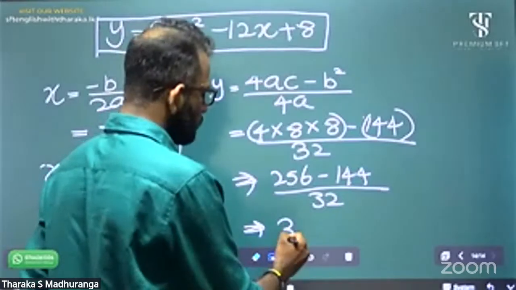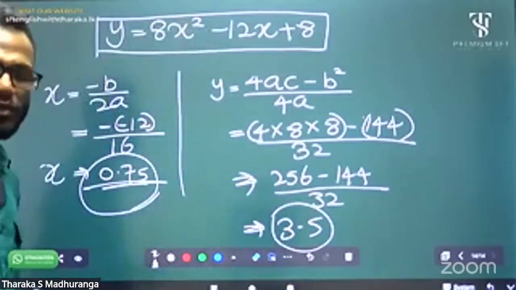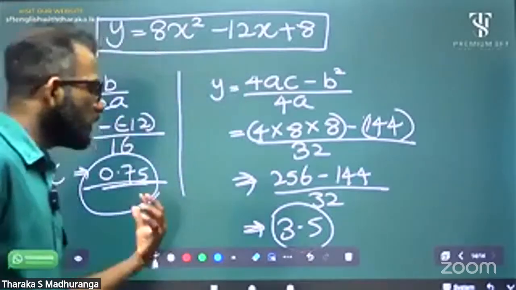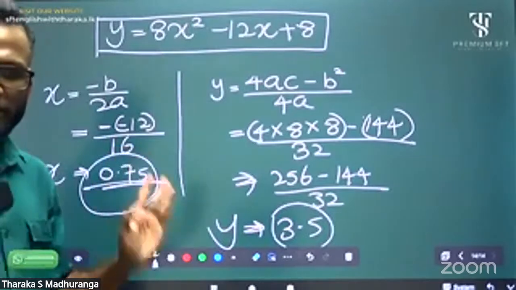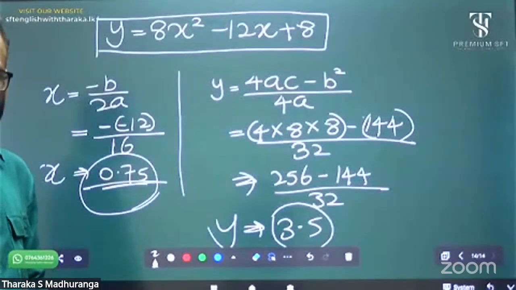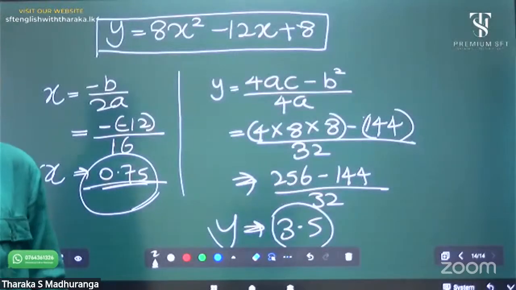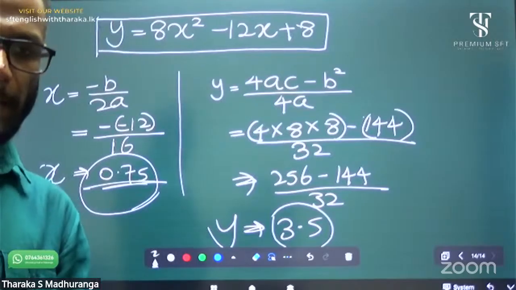It's 3.5. Okay, this is the turning point x coordinate value, and this is the turning point y coordinate. Correct? Joel? Sadhya?